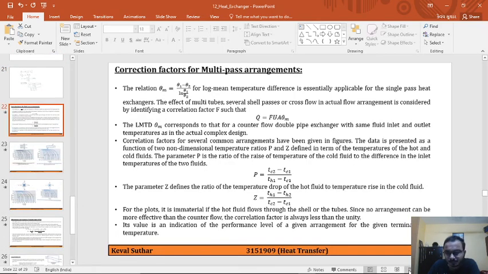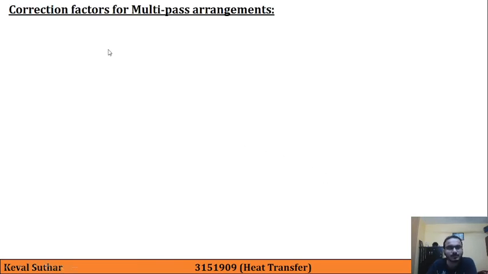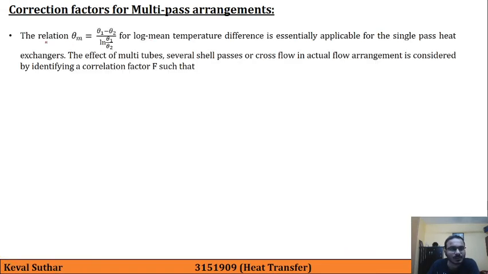Now our next theory is correction factor for multipass arrangements. So the relation that we already derived, that is theta m is equal to theta 1 minus theta 2 by ln theta 1 by theta 2 for log mean temperature difference, is only applicable for the single pass heat exchangers.